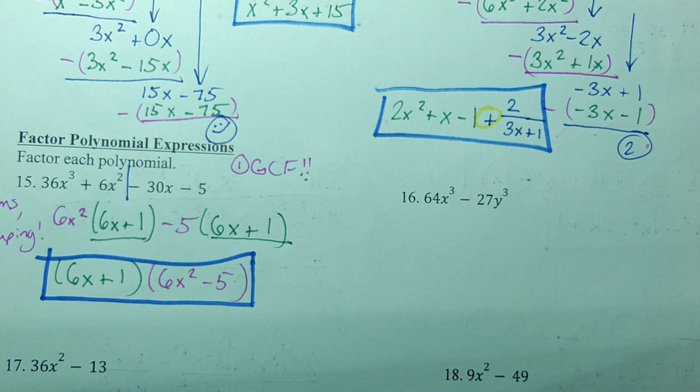GCF or not? Yes. 27 times 2. So there's nothing we can take out, which makes us sad because these are kind of giant numbers. But what type of giant numbers are these? They are cubes.